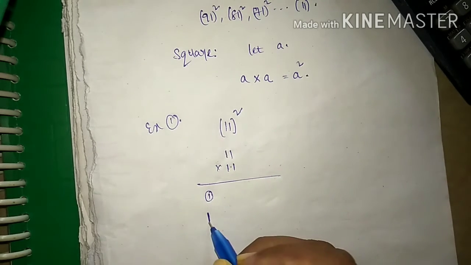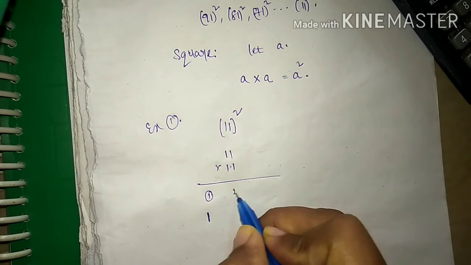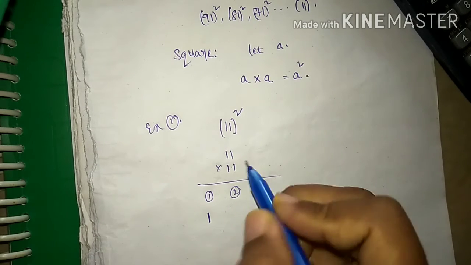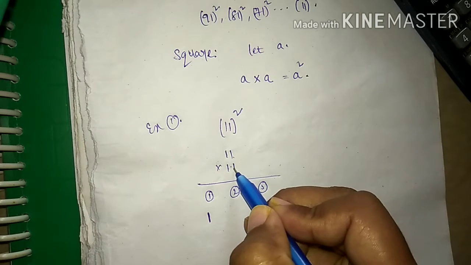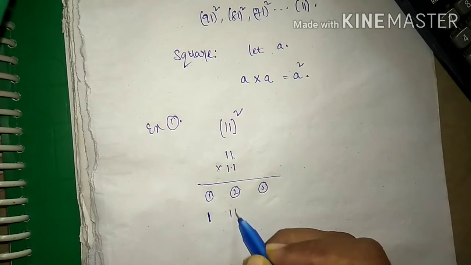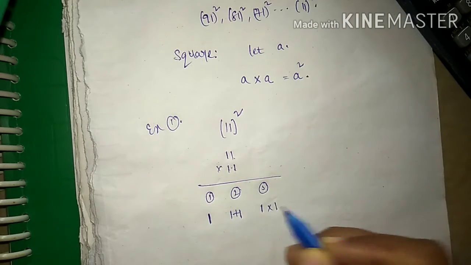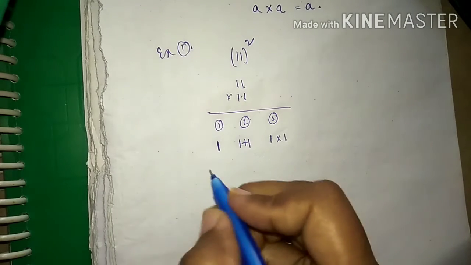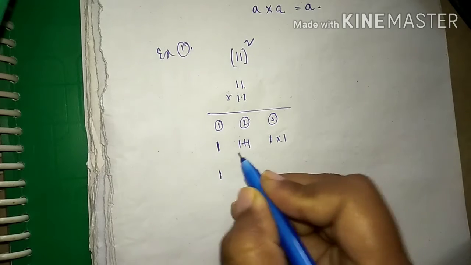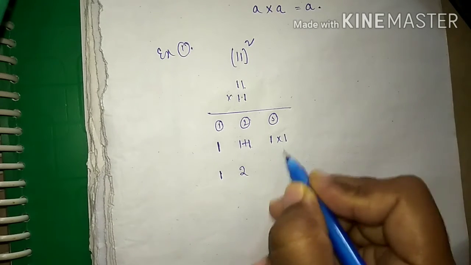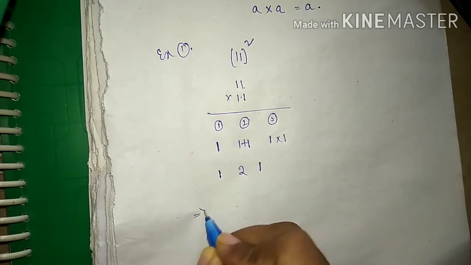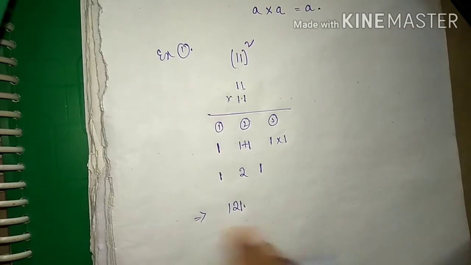So 1 into 1 is 1. In the second step we have to add 1 plus 1. In the third step we have to multiply 1 into 1, right? Here the solution is 1, 1 plus 1 is 2, 1 into 1 is 1. So the answer is 121.